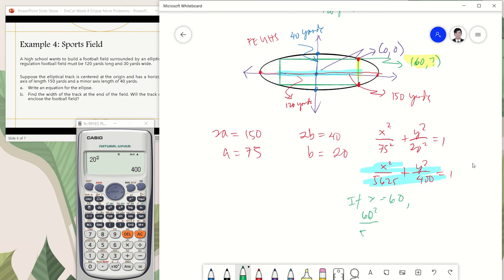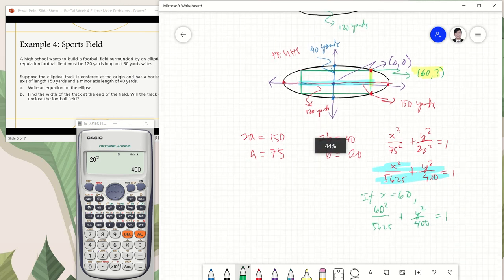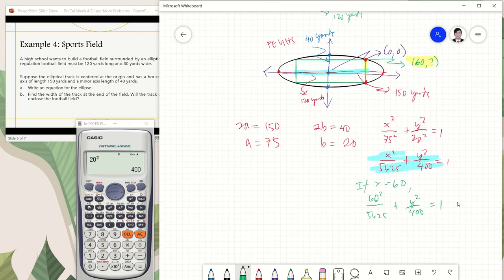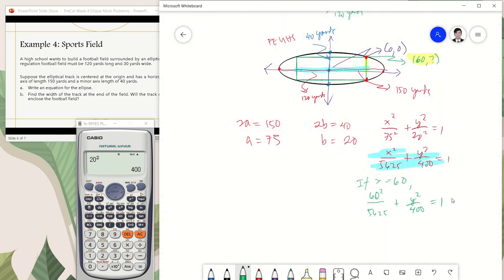over 5,625 plus y squared over 400 is equal to 1. So, simplify lang natin yan. So, using calculator, walang y dito. So, we need to subtract 60 squared over 5,625 in both sides.